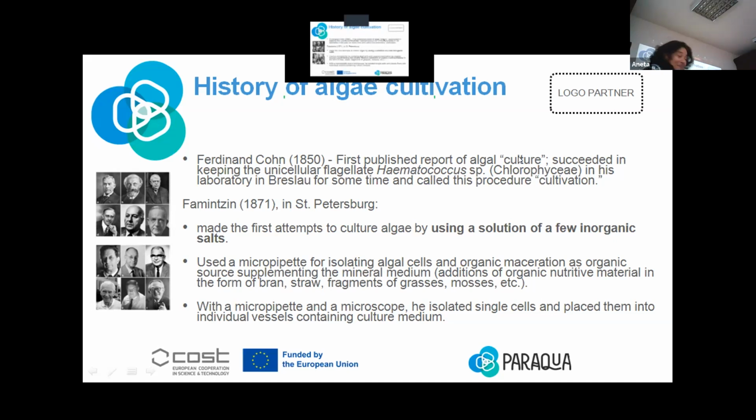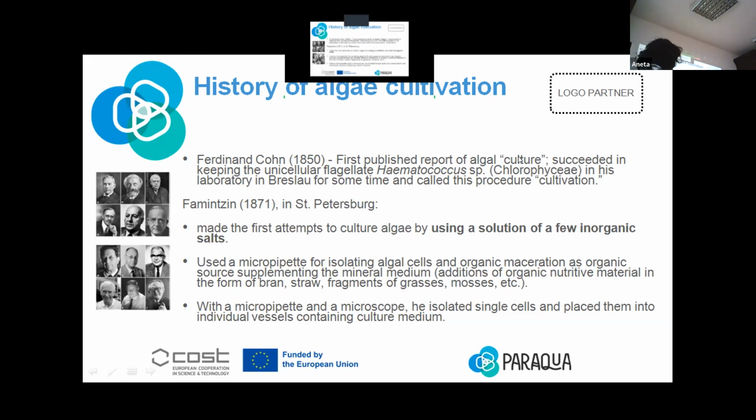Because simply these people, some 150 years ago, even 170, when the first report on algae culture was published, recognized some basic principles that we still use now.